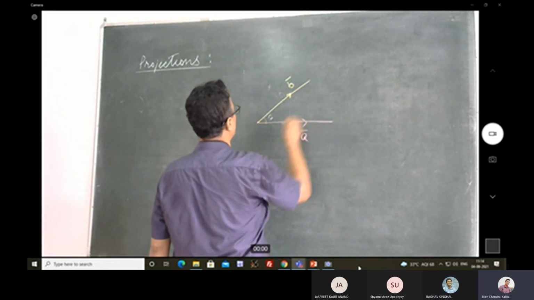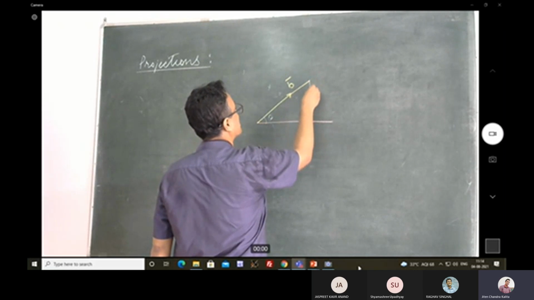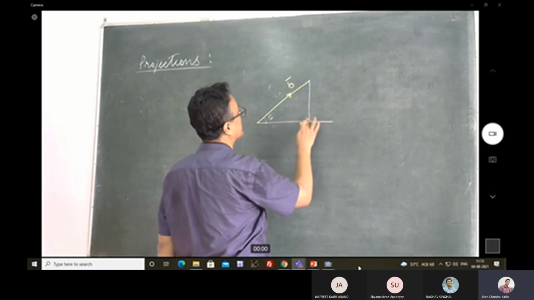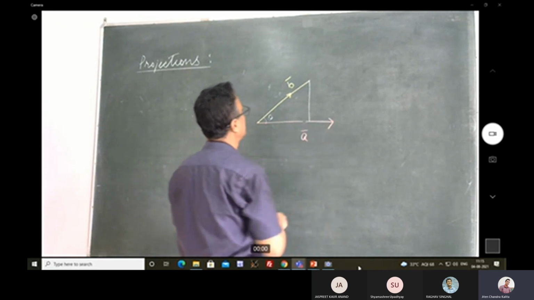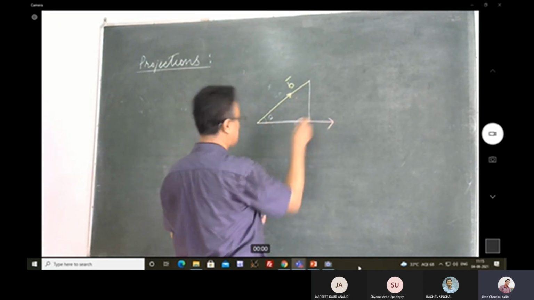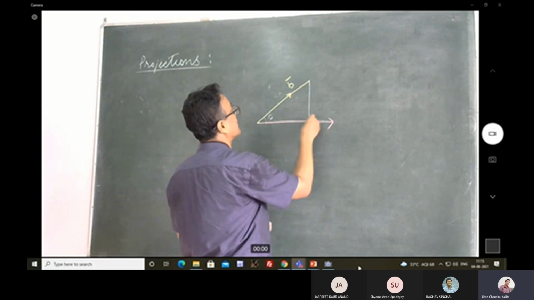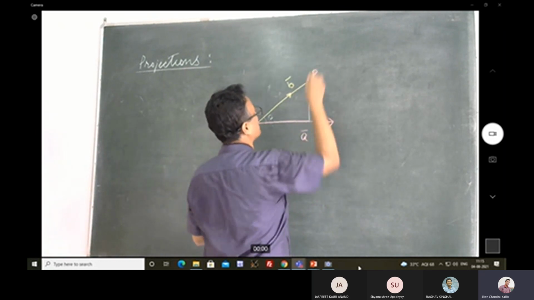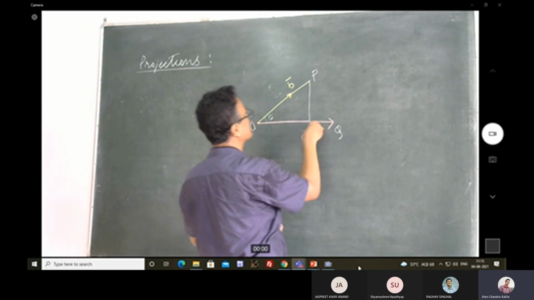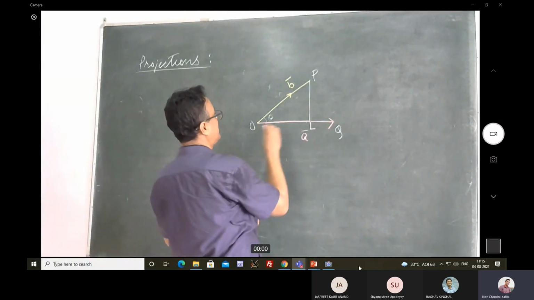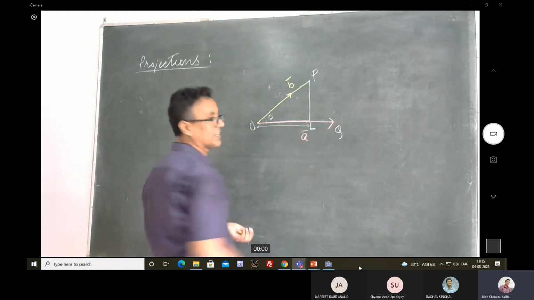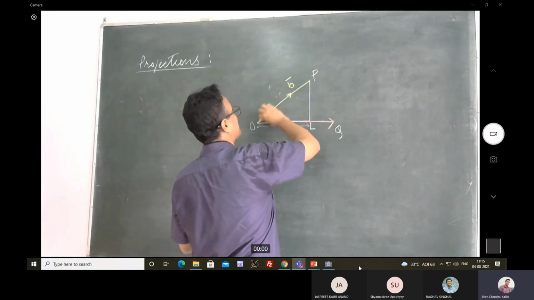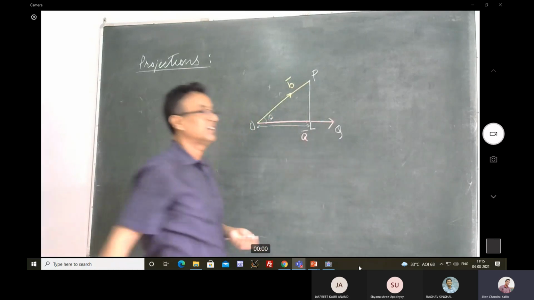Then if you draw a perpendicular from the final point of the vector B to the vector A, suppose this is O, this is P, this is Q, the target point of this is Q, and suppose this is L. Then I can consider this particular length to be such that it is going to have the shadow of this vector B over the vector A.